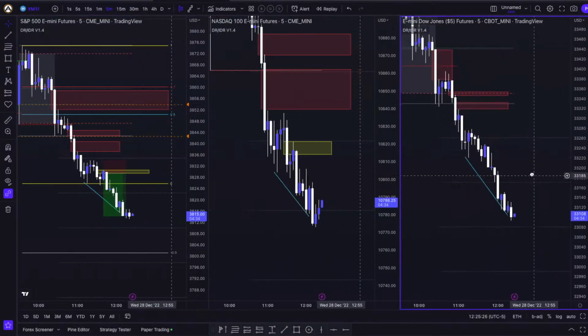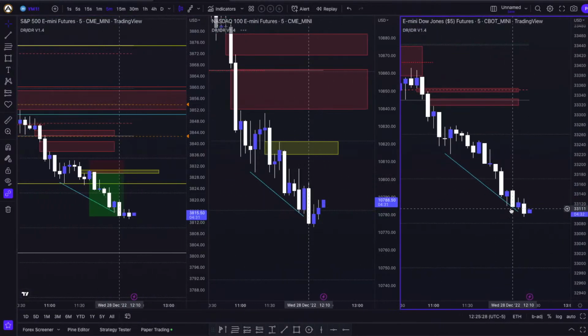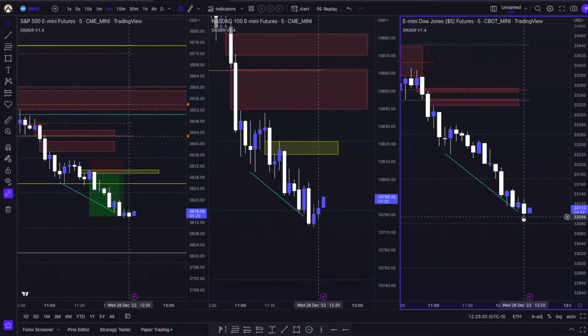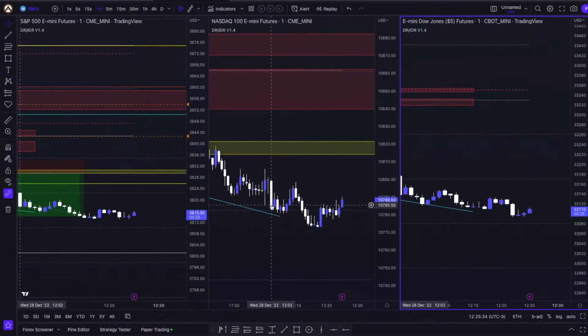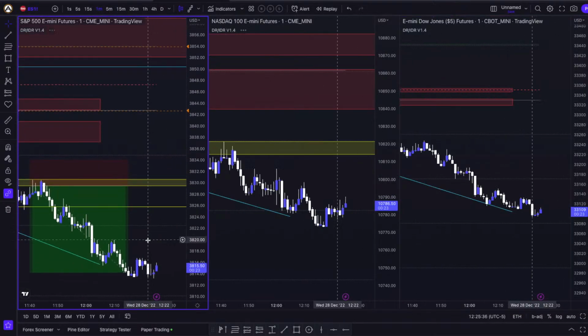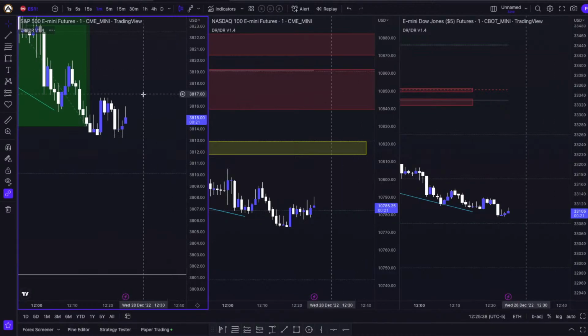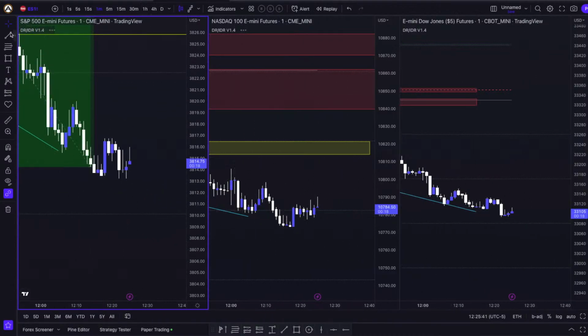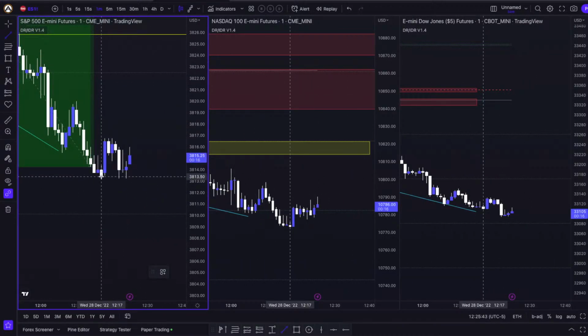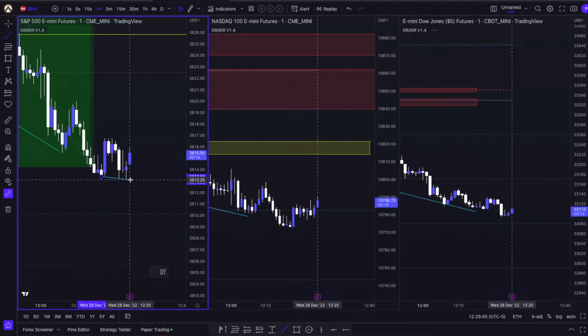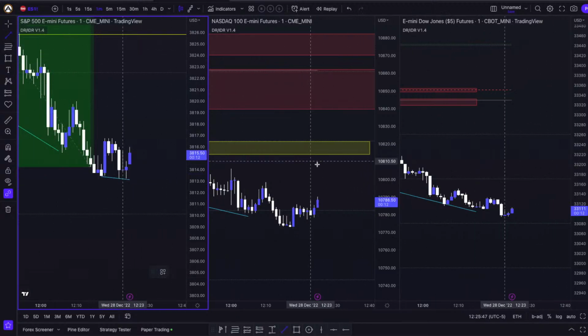Let's compare all 3 US indices forming lower lows. There might be a divergence if we compare them all on a 1 minute time frame now. We formed lower lows from 12:17 until right now on the S&P.